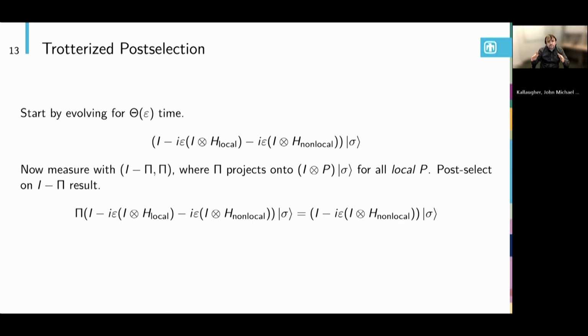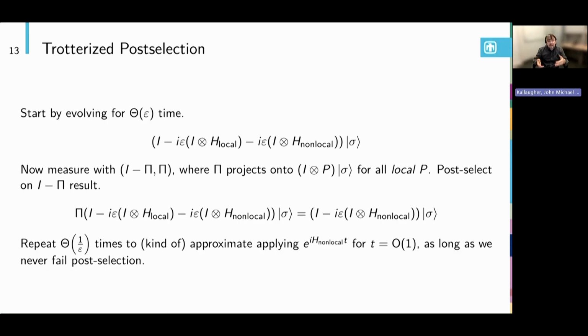Then, if you do not fail the post-selection, you've effectively projected by I minus pi, and so the resulting state just has the non-local part of the evolution of h.